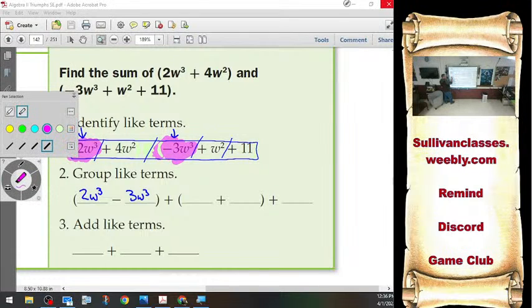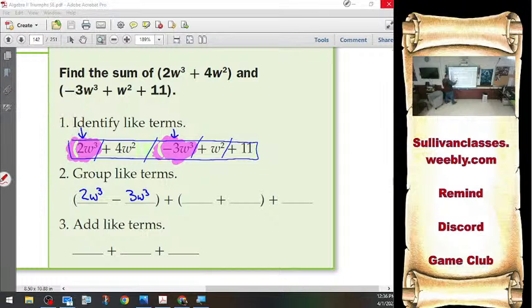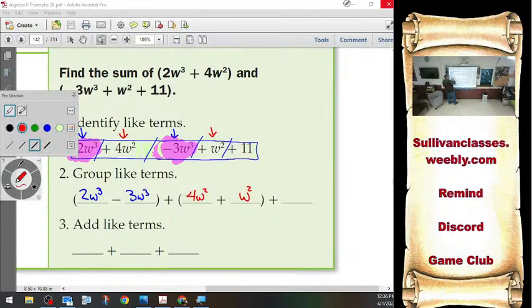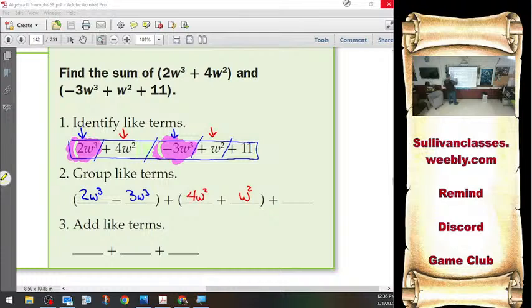Then I go again and ask, do I have any other W squareds? Yup, this guy. The W cubed got to party with the W cubed. The W squared gets to party with the other W squared. And then 11 is all alone. And 11 is lonely. 11's just going to kind of hang out next to them.